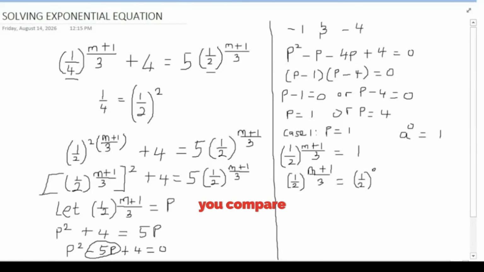And when you compare their power, we are going to have M plus 1 over 3 equals to 0. So if you multiply through by 3, at the end of the day, we are going to have M plus 1 equals to 0. M is equal to minus 1. That's it. That's the first value of M.